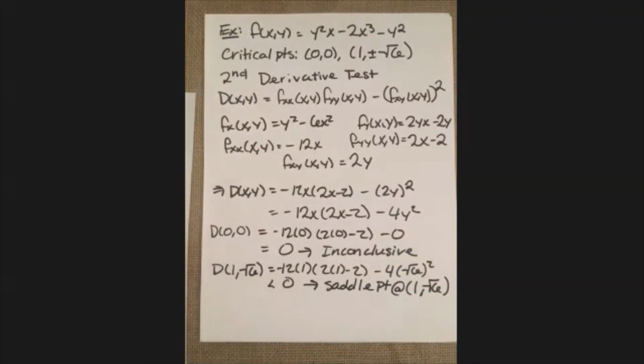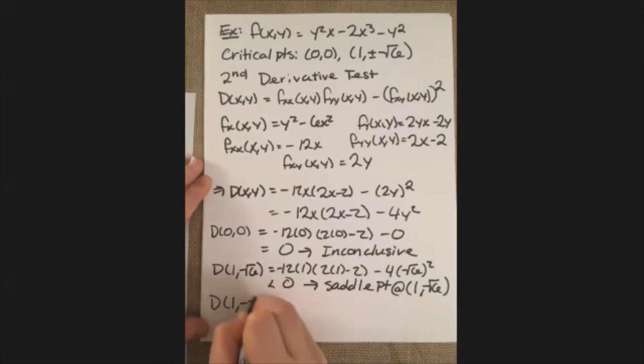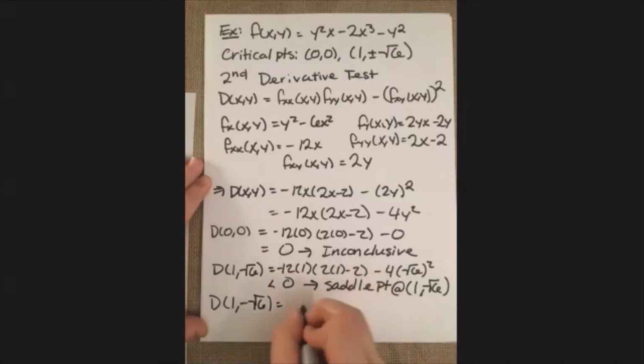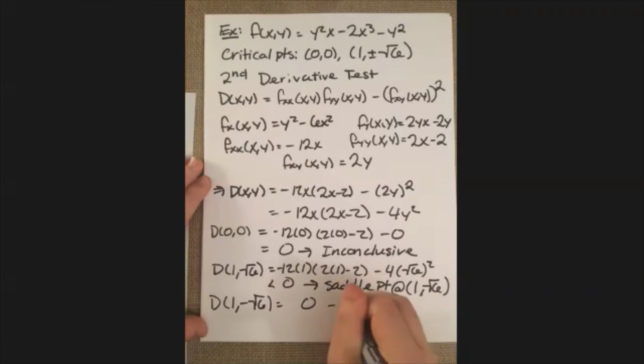Cool. One more left to check. D at (1, negative root 6) is equal to, well, this whole thing is going to be 0 once again because we're still just plugging in 1. And then we have minus 4 times negative root 6 squared. That's still less than 0. Well, same as before. That gives us a saddle point.